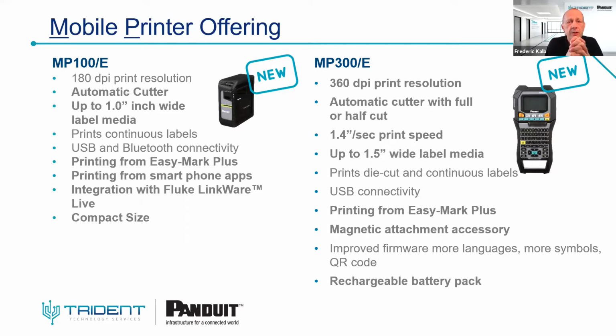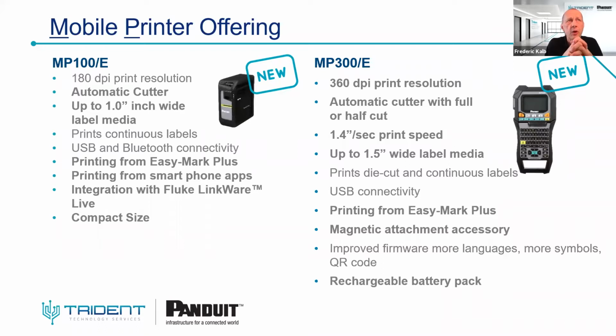As you see on the screen, you can print labels up to 1 inch wide. So that's, let me say, sufficient for a lot of applications in the control panel market, in the network infrastructure market, if you have to identify cables, patch cords, such kind of things. That's also one of the reasons why you see it here mentioned on the screen.